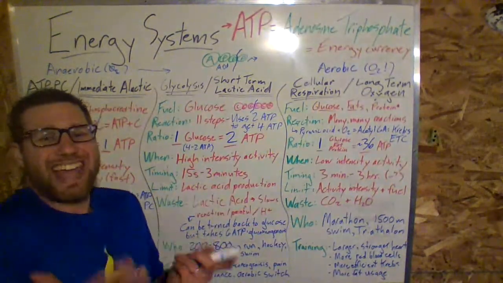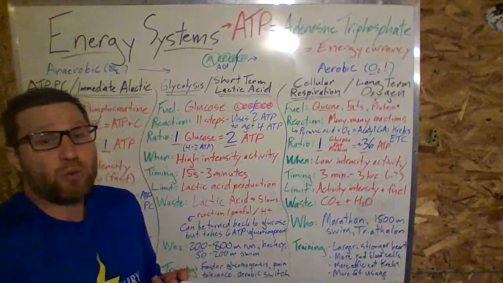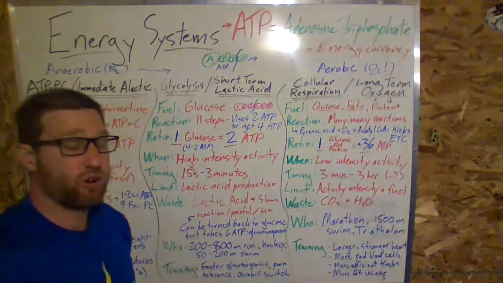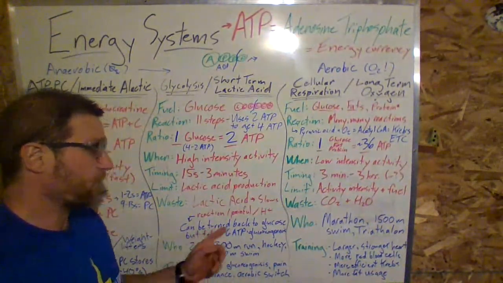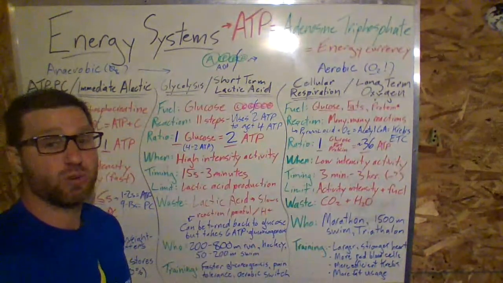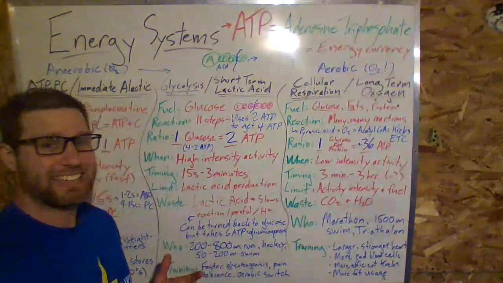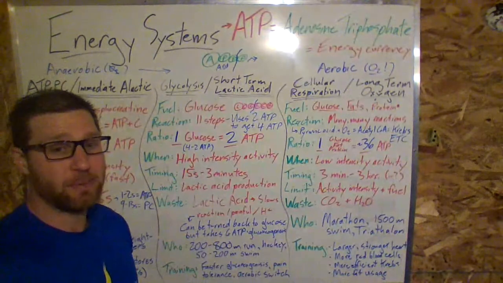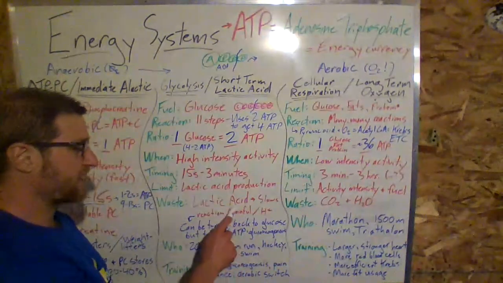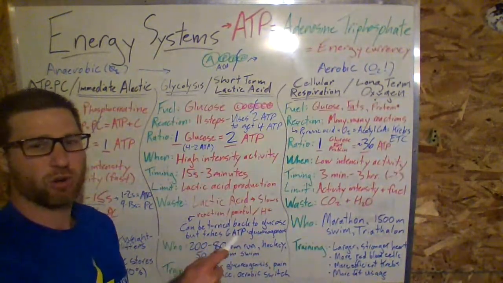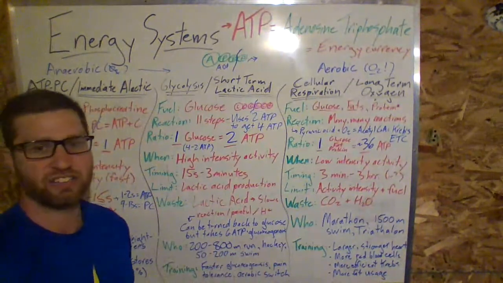So we can take lactic acid and convert it back into glucose if we want to. But it takes about 6 ATP to turn our lactic acid back into glucose. It's a process called gluconeogenesis.